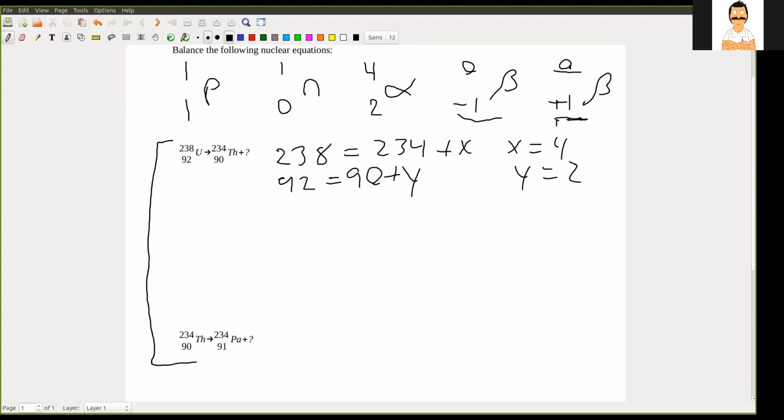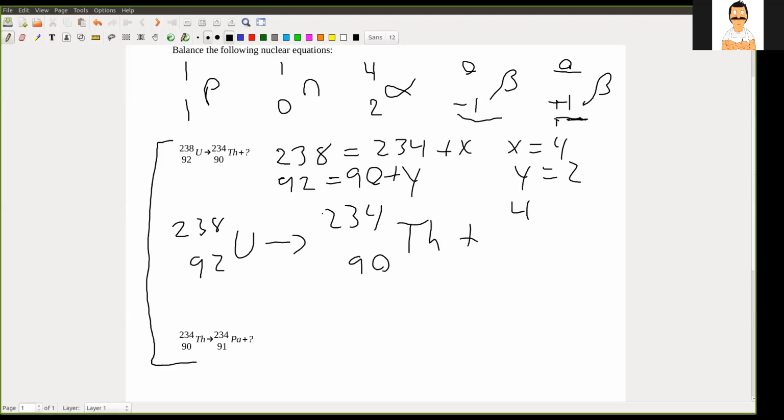So this means that our parent species, uranium-238, decays into thorium-234 plus something that has a 4 and a 2, and we can readily see that that's an alpha particle. So this is alpha decay of uranium-238, emitting one alpha particle.